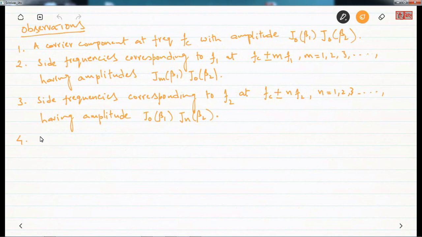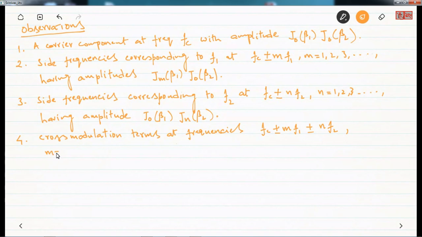Okay? Yeah. So and then fourth, cross modulation terms at frequencies Fc plus or minus mF1 plus or minus nF2 for m is equal to 1, 2, 3 and so on, and n is equal to 1, 2, 3 and so on, with amplitude.